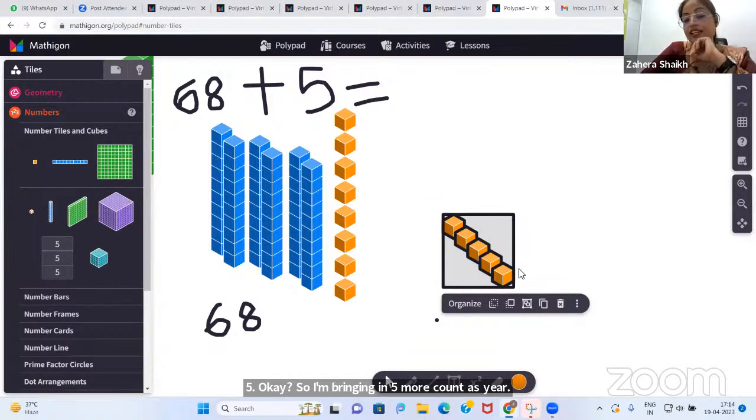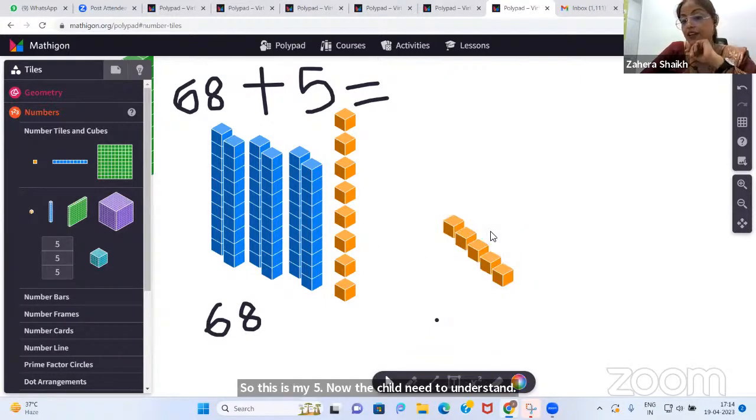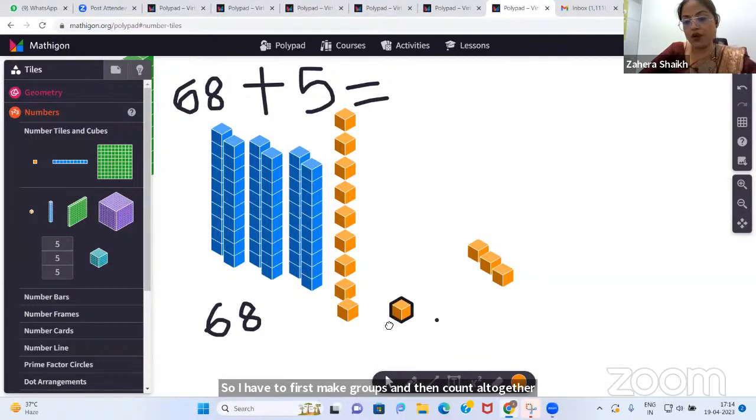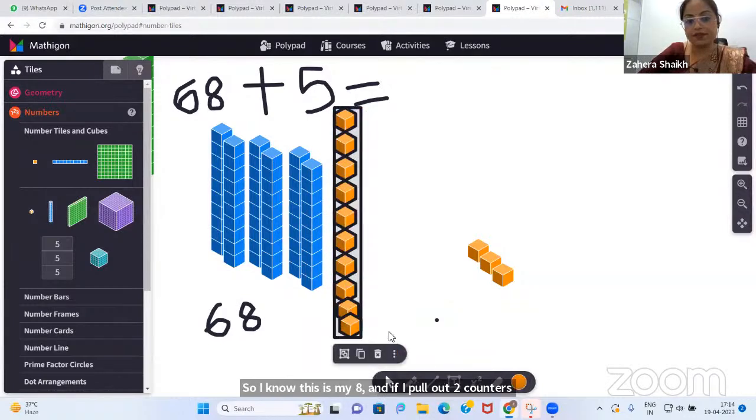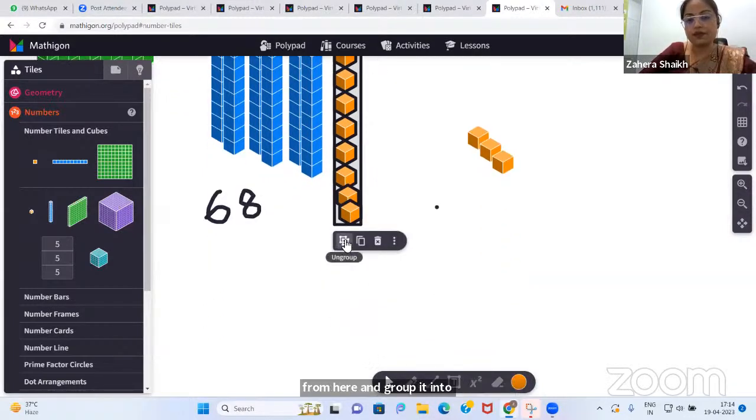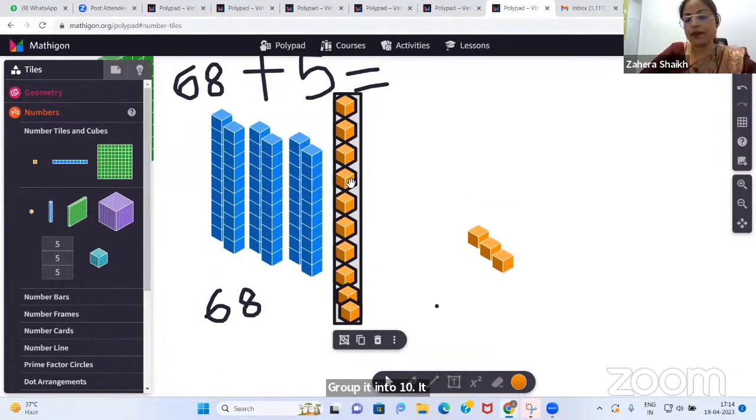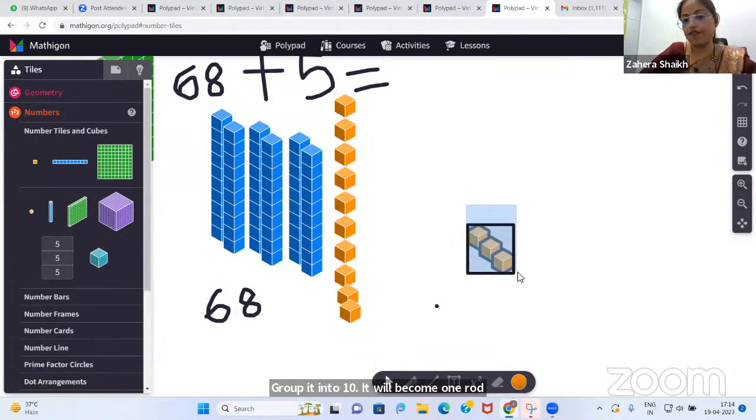Now, the child needs to understand, I need to represent a number in groups. So if there is a possibility to make groups, I have to first make groups and then count all together. So I know this is my 8, and if I pull out 2 counters from here and group it into 10, it will become 1 rod of 10.